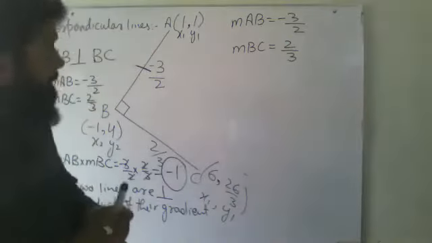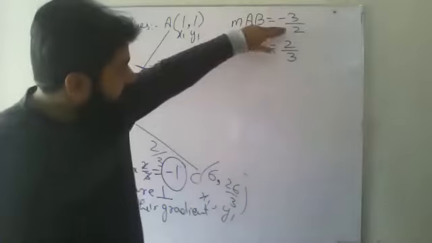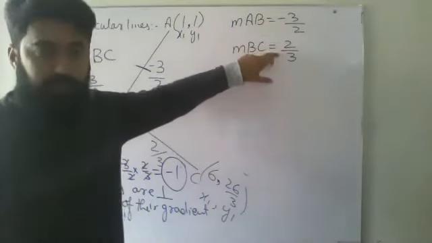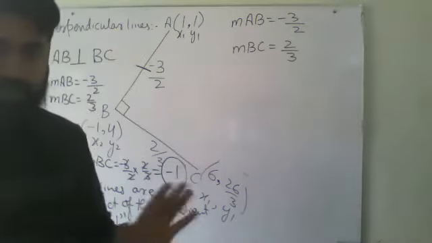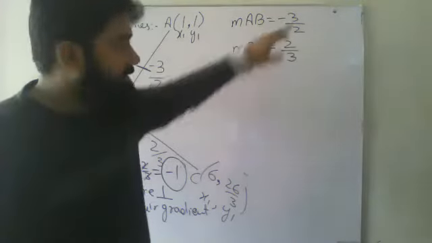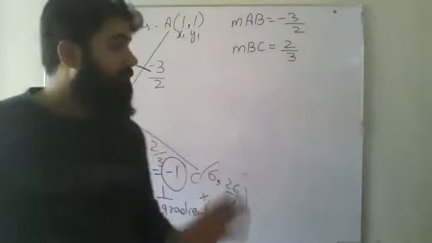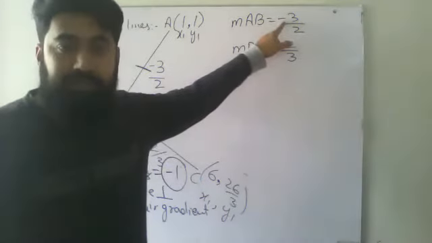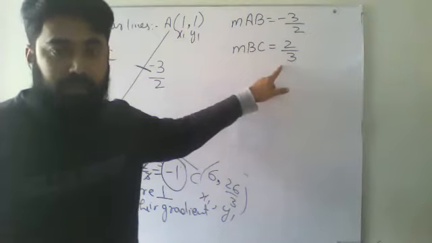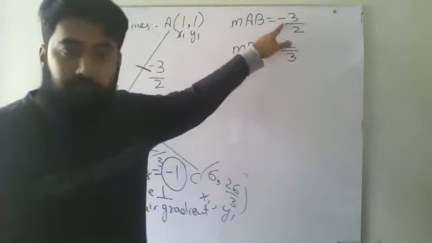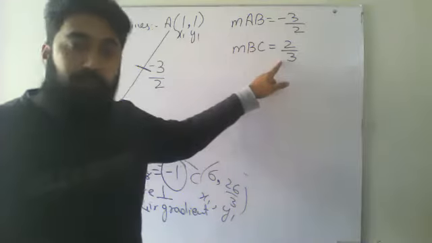It means they are reciprocal to each other. This is 3 over 2, this is 2 over 3. Okay, this thing is clear. But there is a problem. This one has a minus sign and this one has a plus sign.